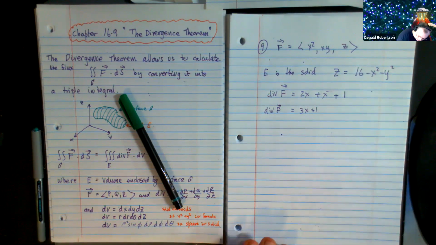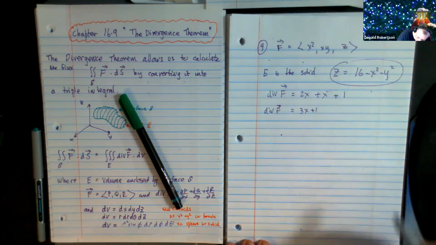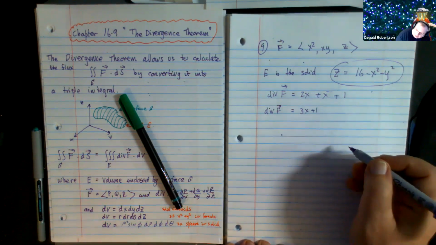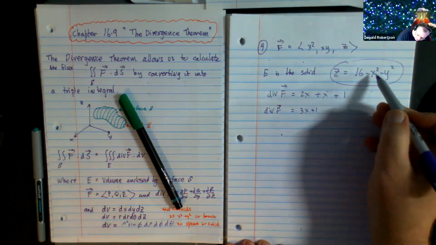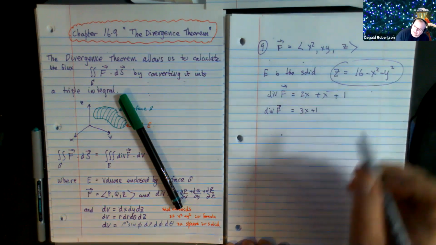Okay, so this is the problem. We need to set up a triple integral, limits of integration, on a guy that looks like this. Do you see these x squares and y squares?